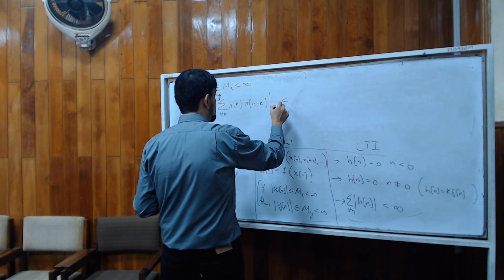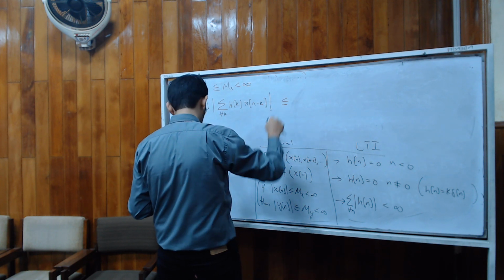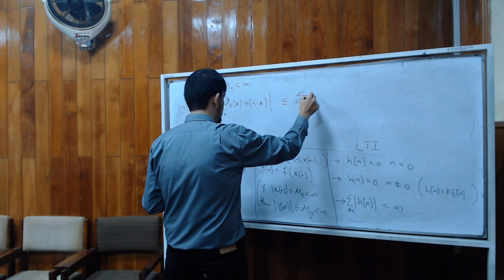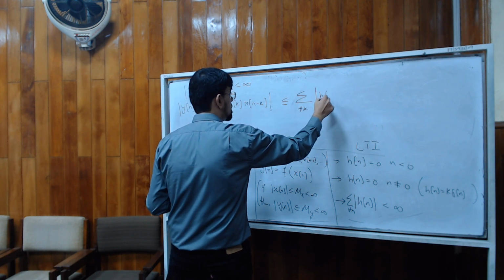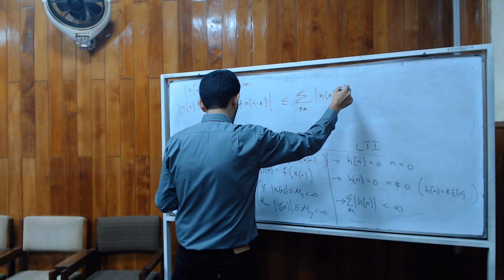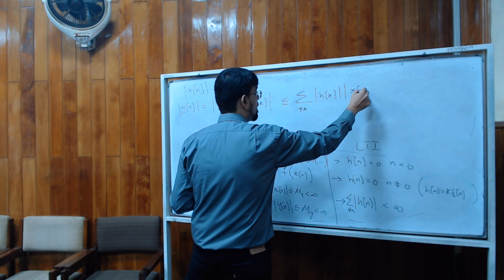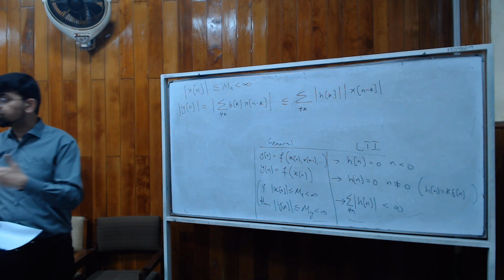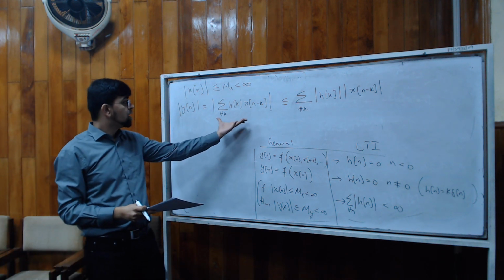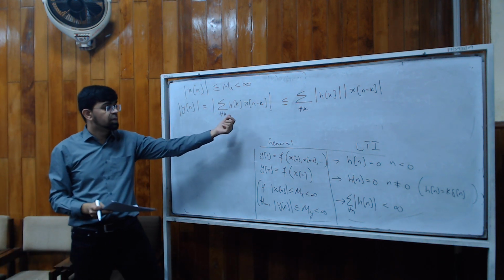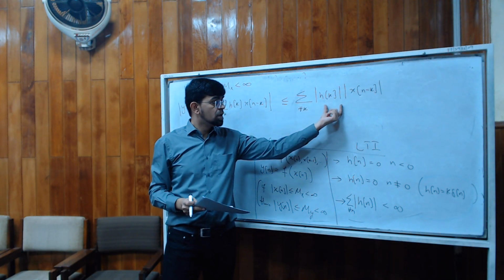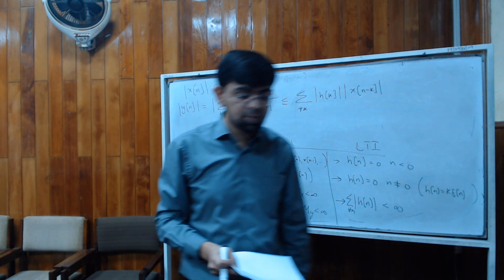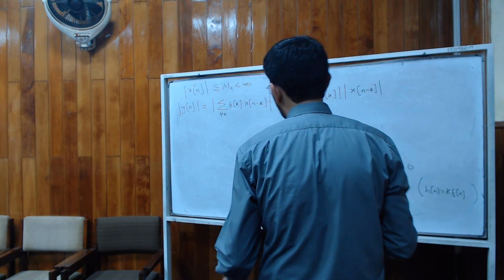Now I claim that this is less than or equal to the sum of the absolute values of h[k] x[n-k]. So what have we changed here? This was the absolute of the sum. Now we have the absolute separated, and the summation is done after taking the absolute.